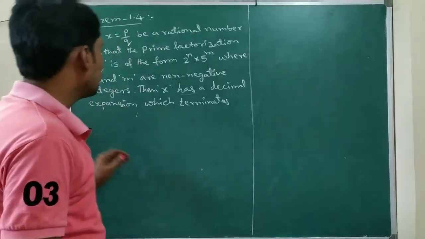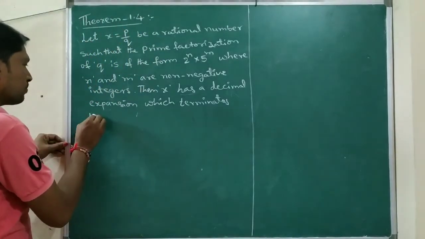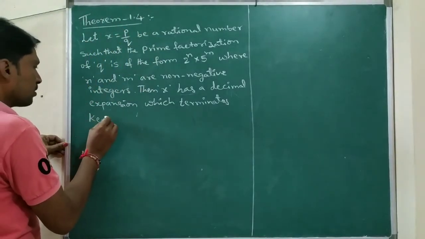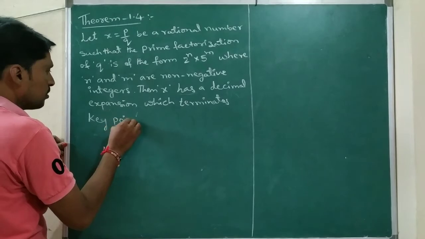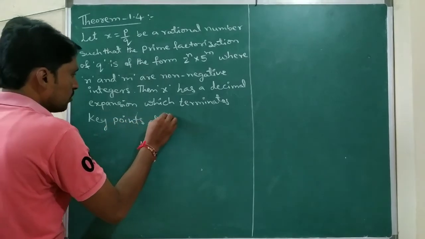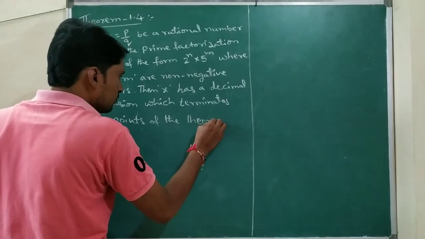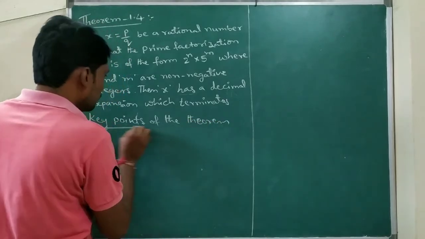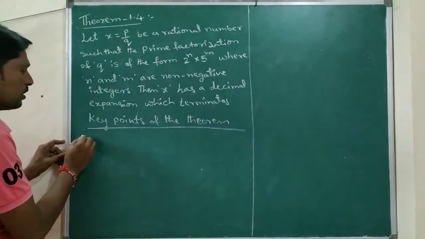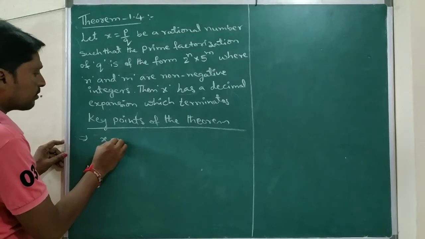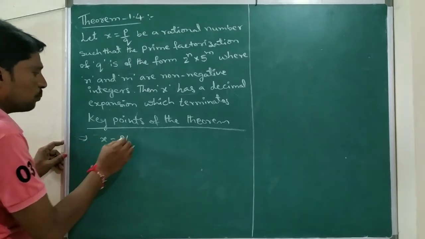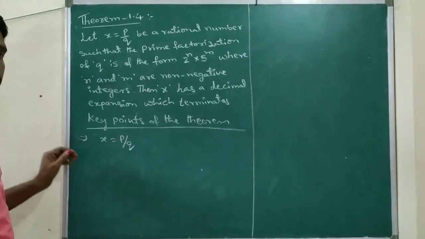Let us see what are the key points of the theorem. So here x equals p by q. P by q means it is a rational number.